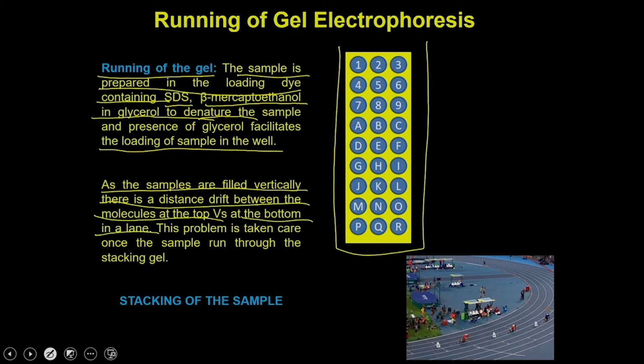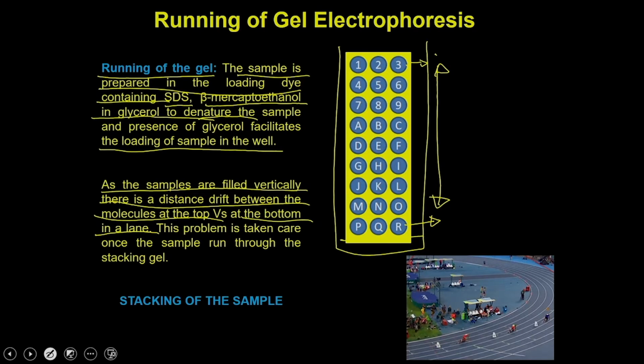So, you can imagine that this is a lane where you have different types of molecules, for example, molecule number 3 and molecule number R. Imagine if 3 and R are of the same molecular weight, even then there will be a drift of distance between the two, because if you resolve them without stacking the sample, or without putting them at the same place for running, they will have a drift.